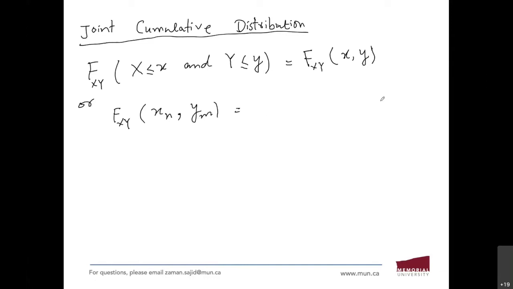This is equal to the joint probability P of x, y, and because it is cumulative and I'm dealing with discrete random variables, I will just take the sum of two. The first one is x starting from 0 to n, and the second one is for y. Y is again starting from 0 to m.